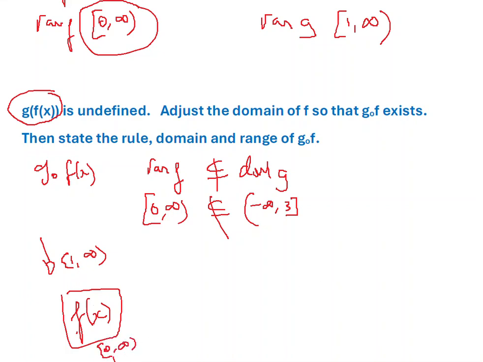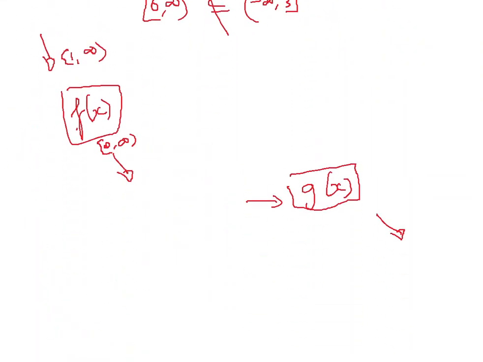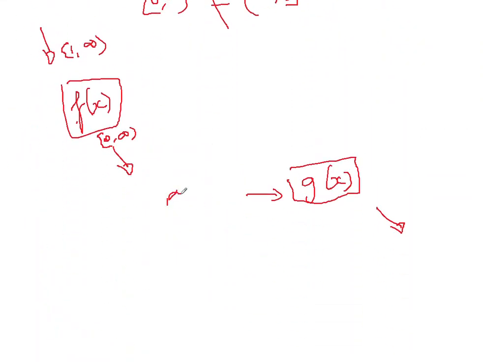I've got minus infinity to 3, and that should be 1 to infinity. This coming out and this going in.